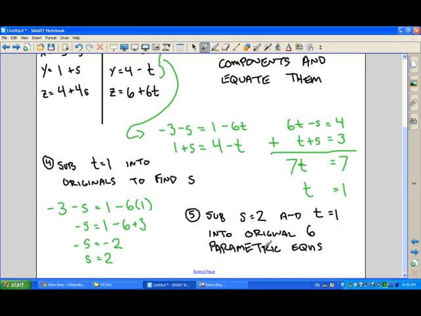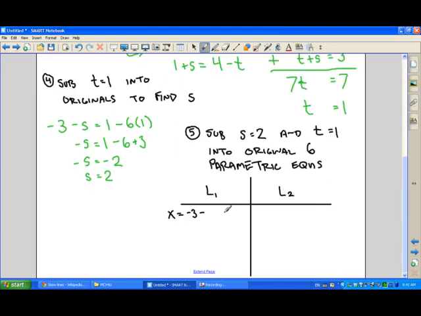And this will show me what the point of intersection is. So for line 1, my x parametric equation was x equals negative 3 minus s. Now this would be x equals negative 3 minus 2. That equals negative 5. My y parametric equation was y equals 1 plus s, or 1 plus 2.